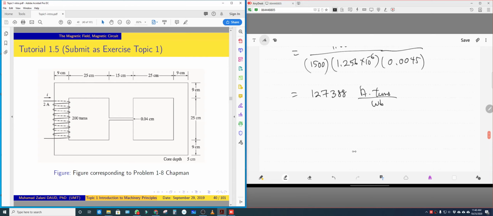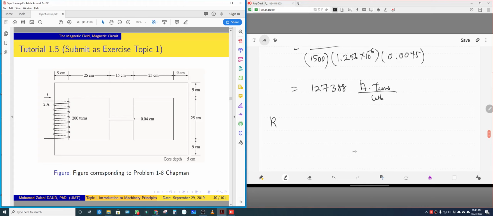So once we got all of the reluctances, R1, R2A, R2B, R3, we want to substitute them into this equation.